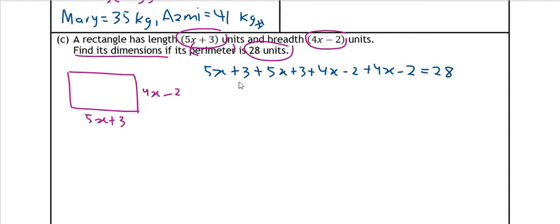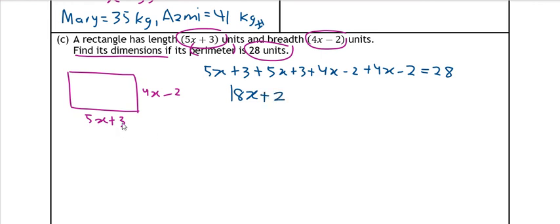Here you have to simplify first on the left side. So 5x plus 5x plus 4x plus 4x will be 9x plus 9x, 18x, and then you have to add 3 plus 3 minus 2 minus 2. So 3 plus 3 is 6, minus 2 is 4, 4 minus 2 will be plus 2.